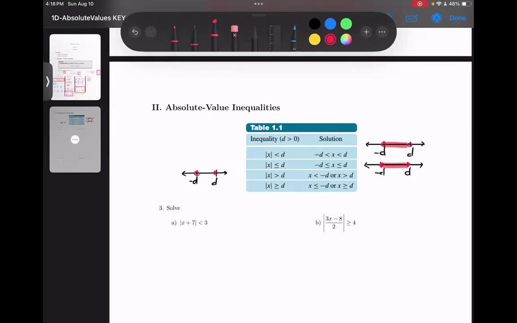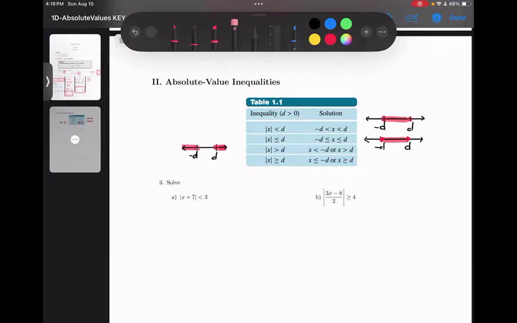The solution is either x is less than -d, or x is greater than d. See that? And with the equals, then you have to make it a solid dot. That's all.